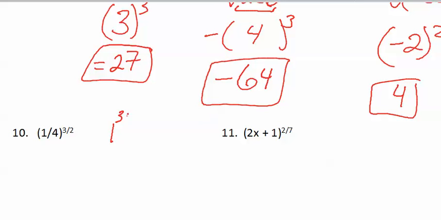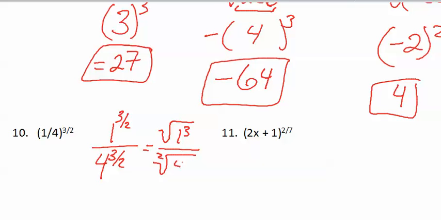So we're going to get 1 to the 3/2 power over 4 to the 3/2 power, and we're going to apply the radical to each. So it's going to be the square root of 1 cubed over the square root of 4 cubed. Numerator is just going to be 1. And if I look at the denominator, I'm going to do the square root of 4, which is 2, and then cube that, which is 8.